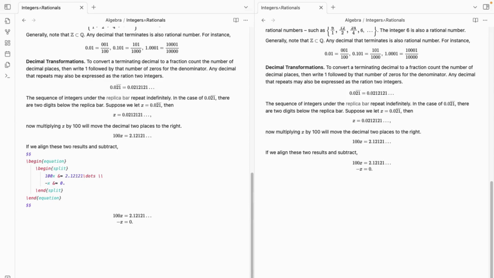And we'll get 0.02121. All right, very good. And now we may proceed as follows.